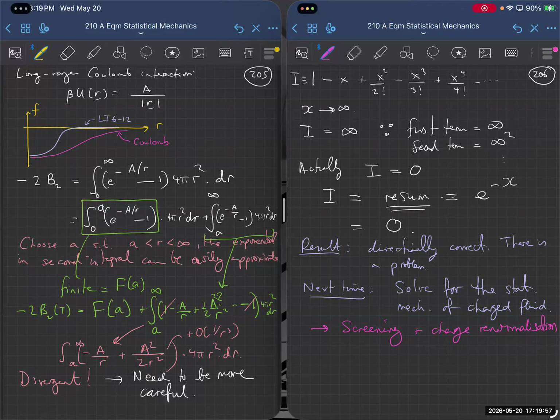The amazing thing is, I just showed you the divergence of the second cluster integral. You can sum all of them to arbitrary order and then solve this problem. But it's a huge amount of work and very, very subtle, so we're not going to talk about how you do that.